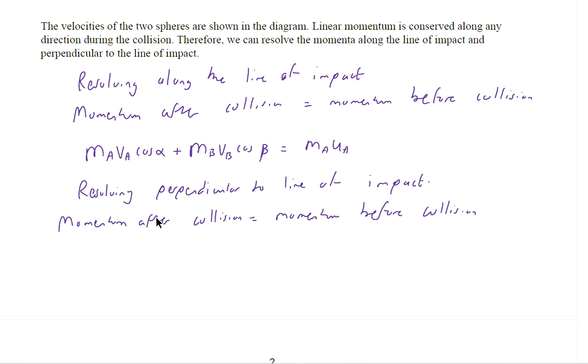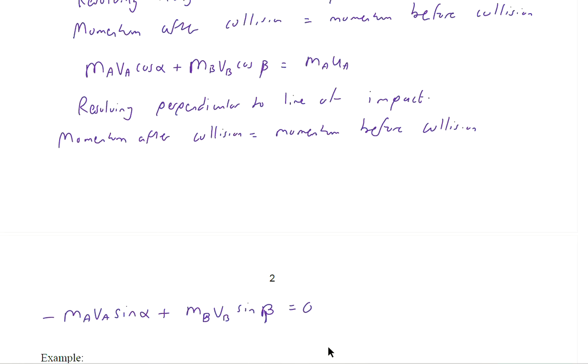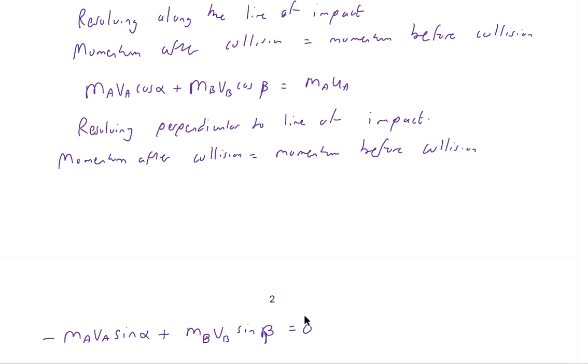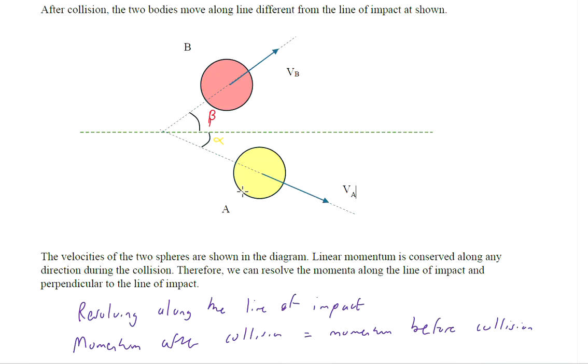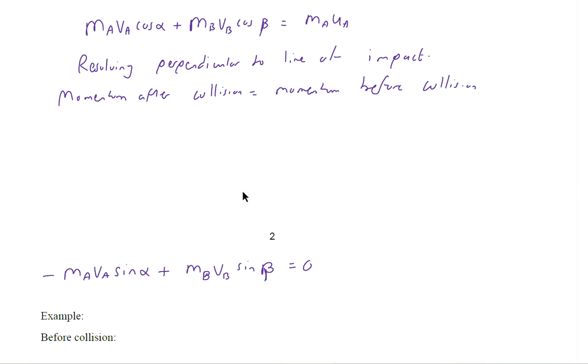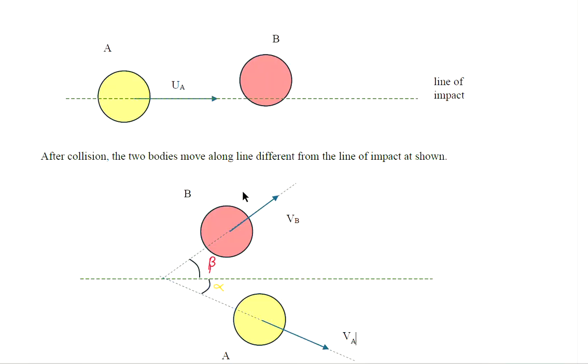It's going to be upwards, the positive value. And this is going to be equal to, before collision, 0. Why 0? Because before collision, there's no motion at all perpendicular to the line of impact, so there's no momentum perpendicular to the line of impact. So we have two equations, and we're going to use these equations to try to solve problems. Now, I've kept things simple here, meaning that B is initially stationary. In practice, B could also be moving.